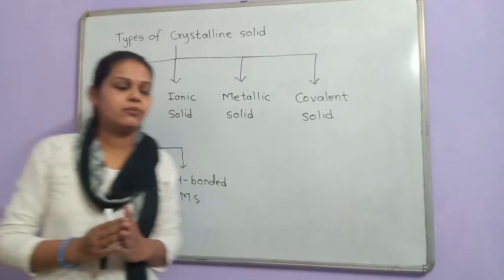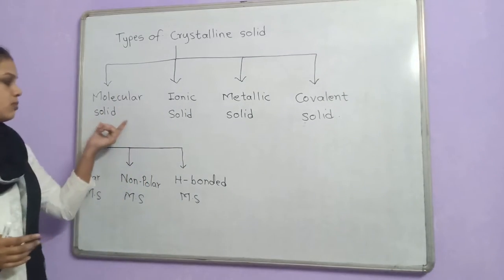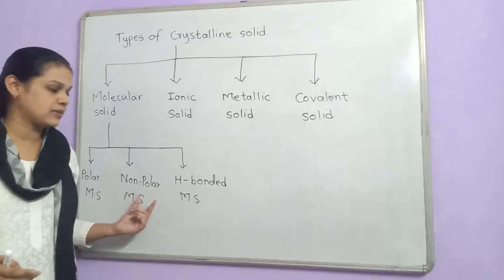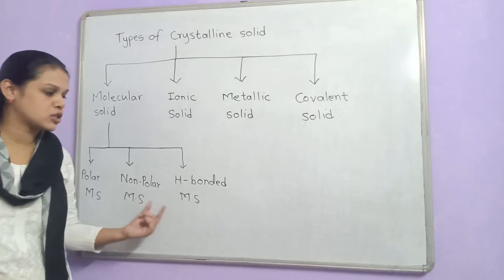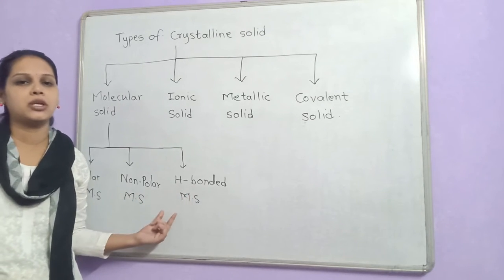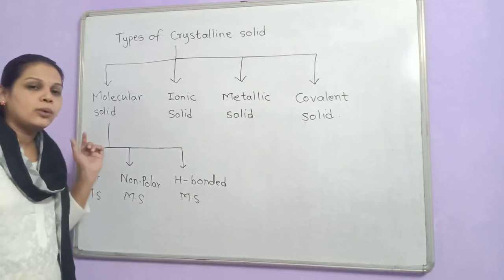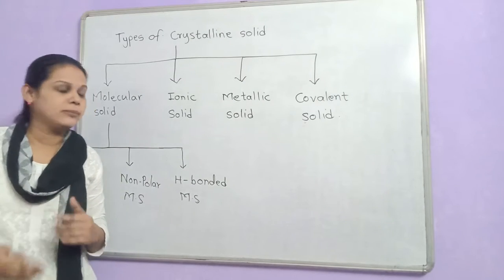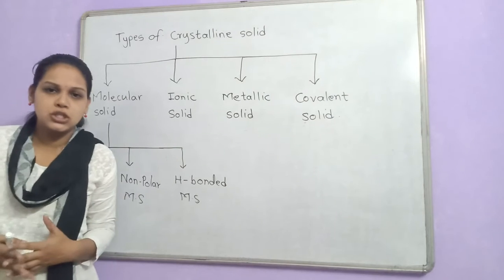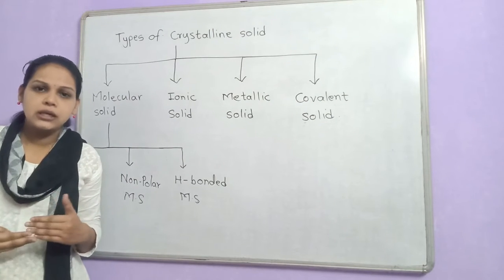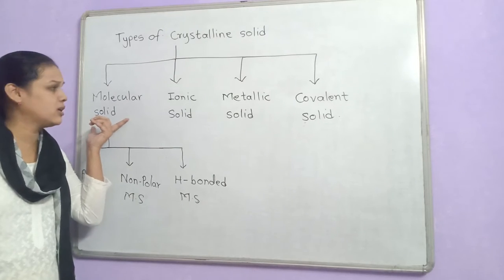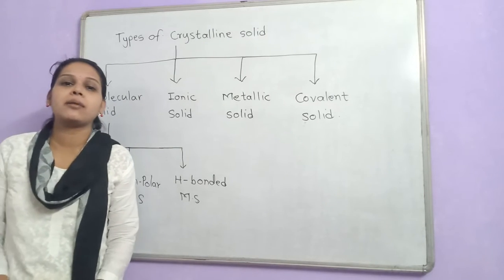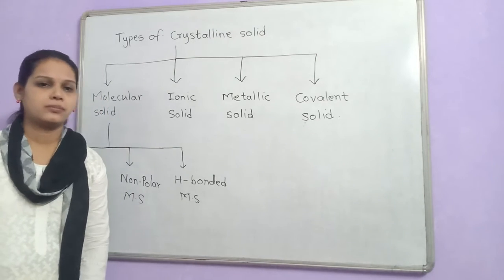Pay attention. Here you can see molecular solids have 3 types: polar molecular solids, non-polar molecular solids, and hydrogen bonded molecular solids. Now, if we study comparatively, in molecular solids the constituent particles are molecules of the compound.